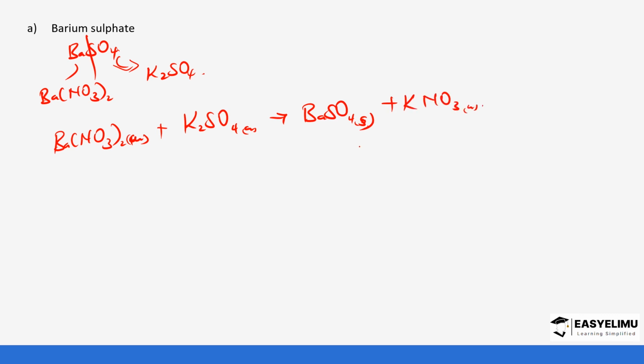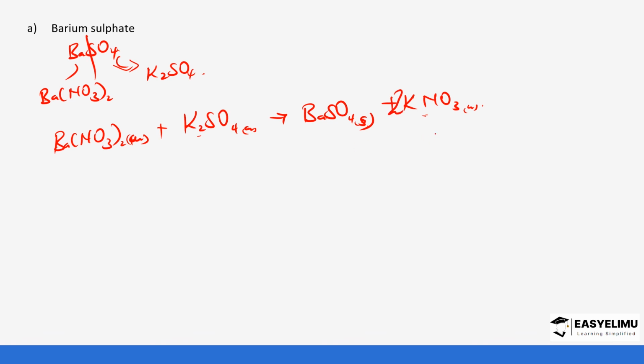This is now where you ensure that your equation is balanced. The other ones, you notice they were balanced before. You can see we have 2 nitrate ions in this case, but it's only 1 in the product. And you can also see our potassium is 2 in the reactant and 1 in the product. So we need to put a 2 here, a coefficient. So that balances the equation.